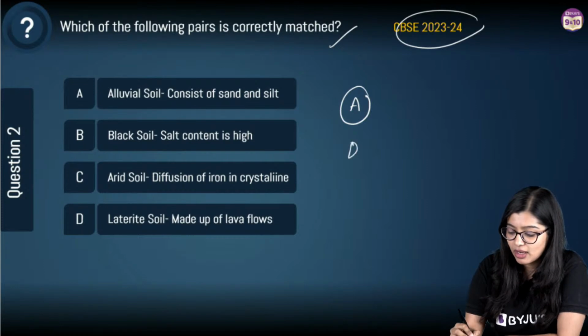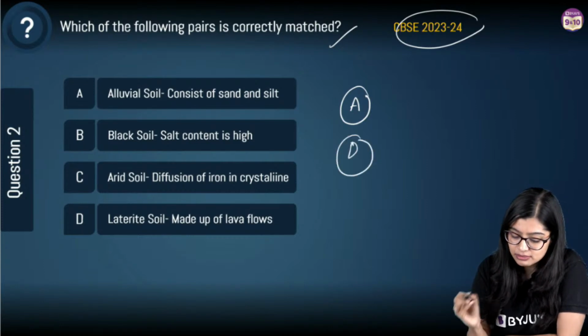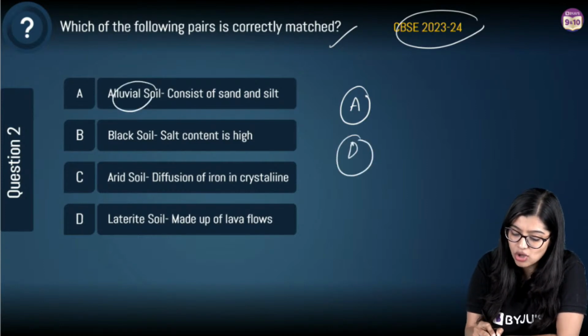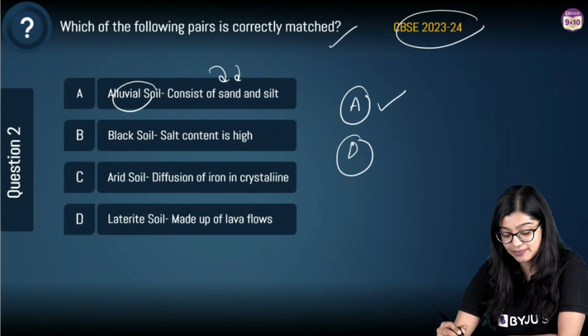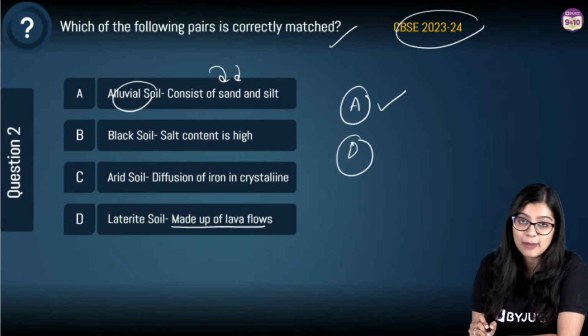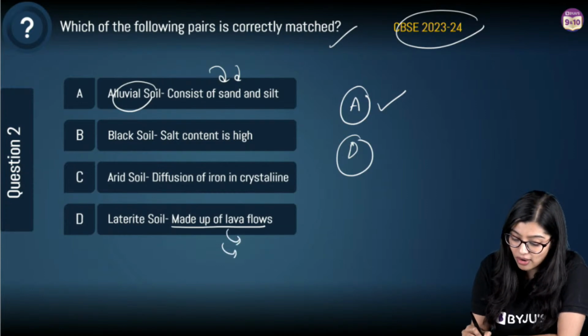Students, alluvial soil consists of sand and silt. Yes. Laterite soil is made up of lava flows, or is black soil made up of this?